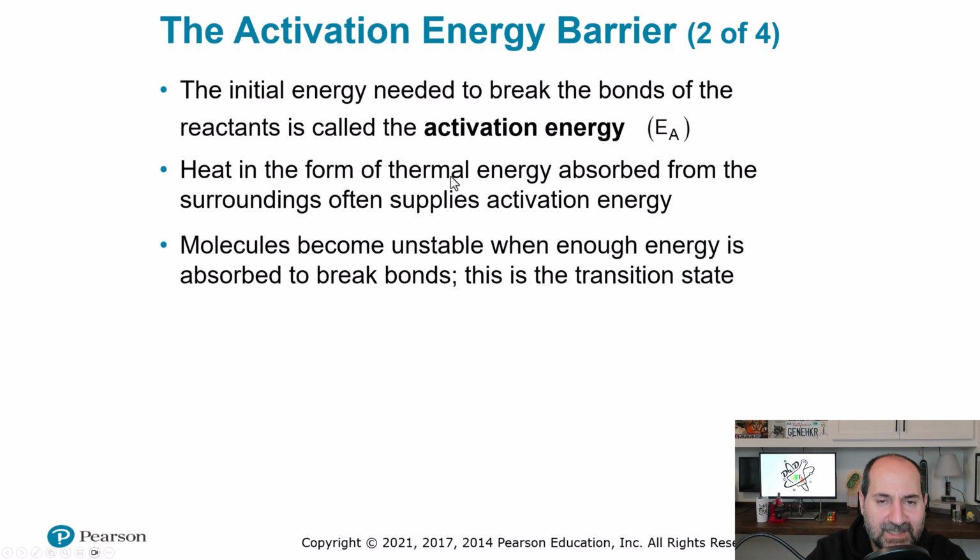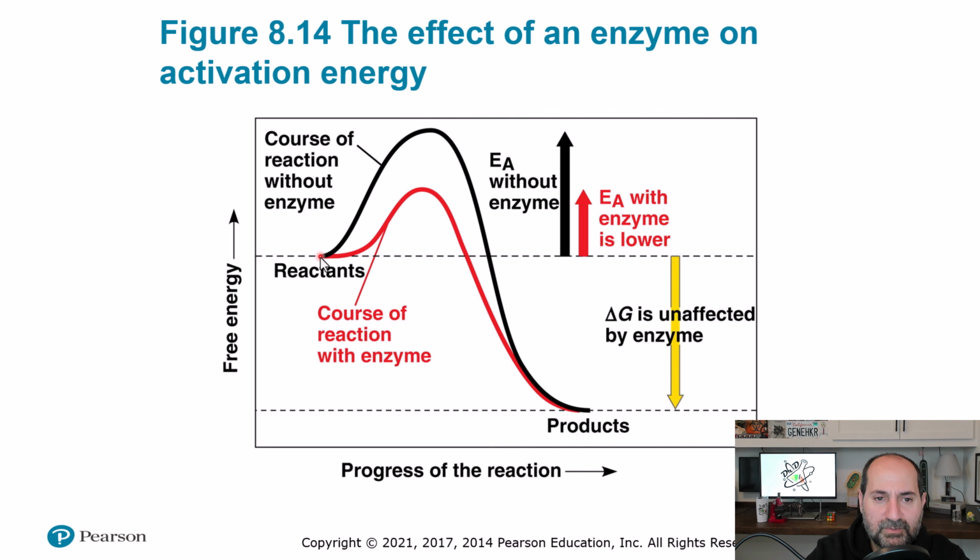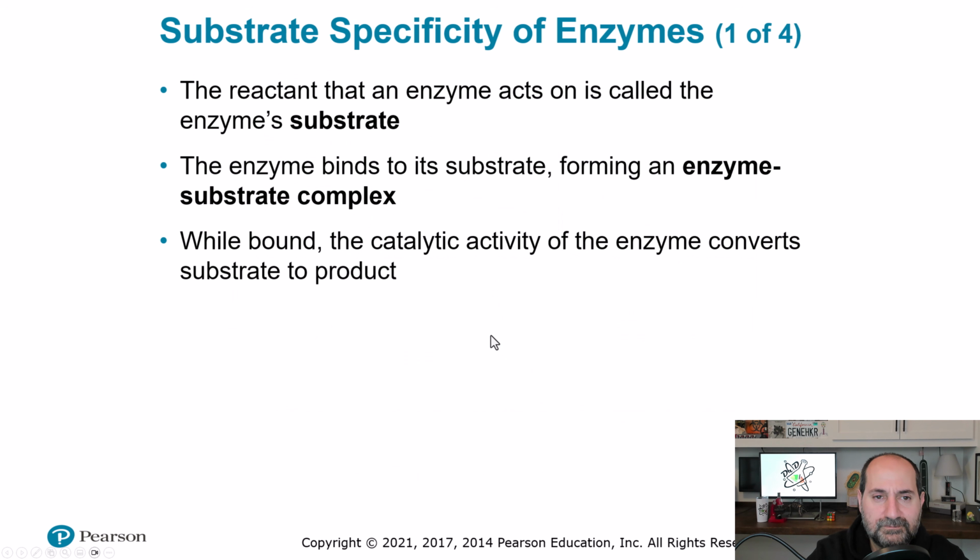Remember that the way the enzymes work is by lowering what's called activation energy, or E sub A. Without an enzyme present, the activation energy is larger. And in the presence of an enzyme, the activation energy is lowered. And the lower the activation energy, the faster the reaction occurs.